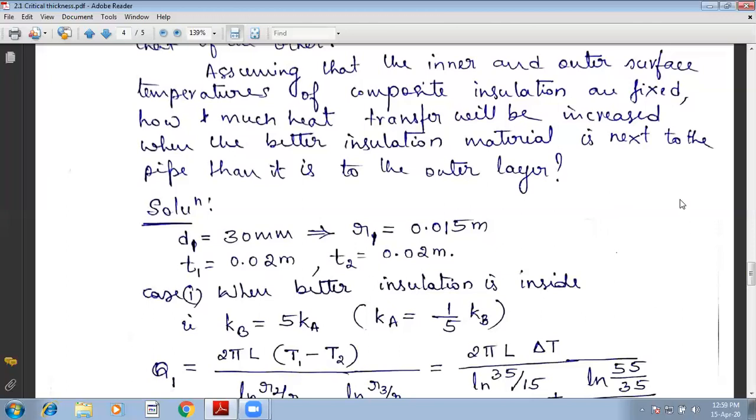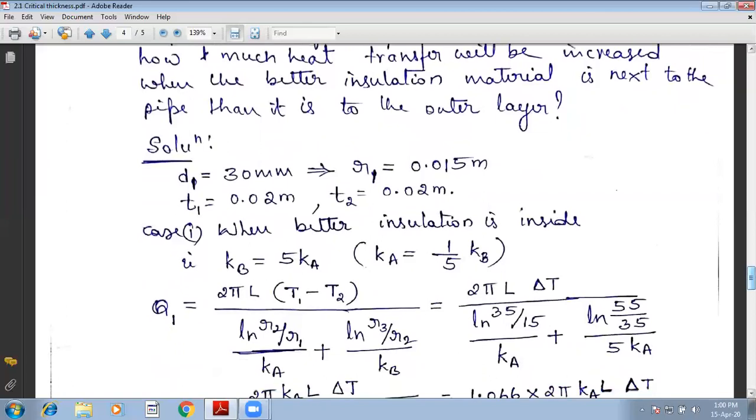Now we have a pipe over which we have wrapped two insulating materials, each having 0.02 meter thickness. Now the better insulation is first, that is right adjacent to the pipe. The better insulation we came across is Ka out of our discussion. Now, what if it is right adjacent to the pipe?